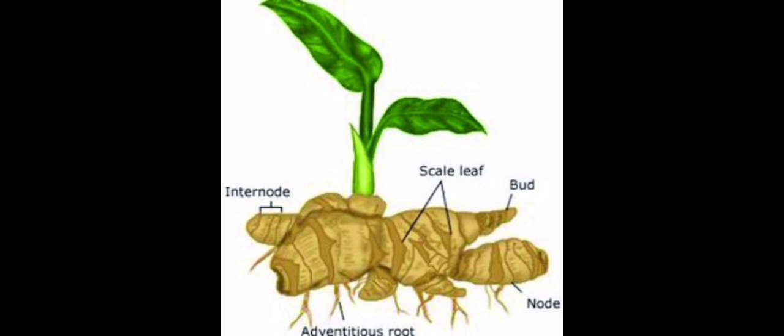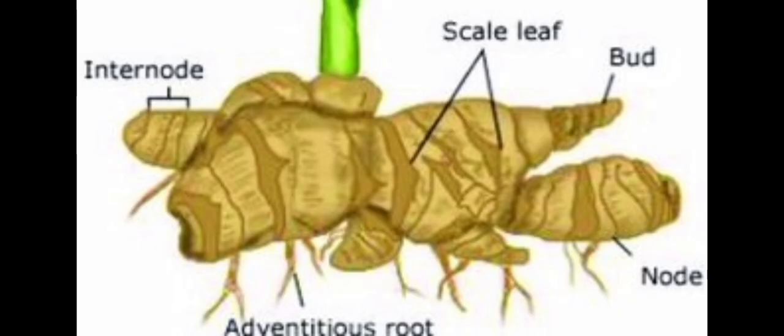Now, the rhizome and bulb are examples of underground stem modification. You see, ginger is an example of rhizome, while onion is an example of bulb. So I'm just classifying them now. Ginger is a rhizome in class. Onion is a bulb.